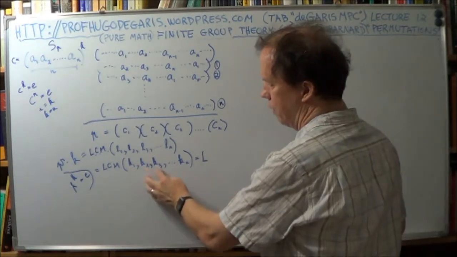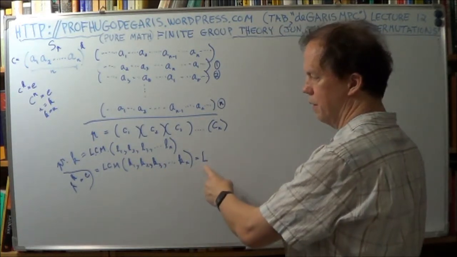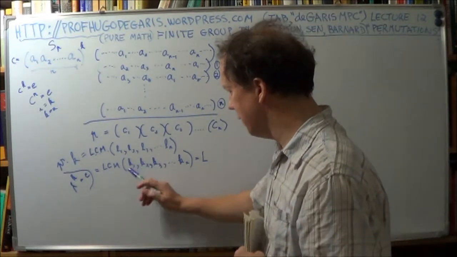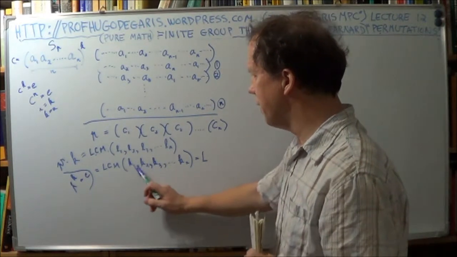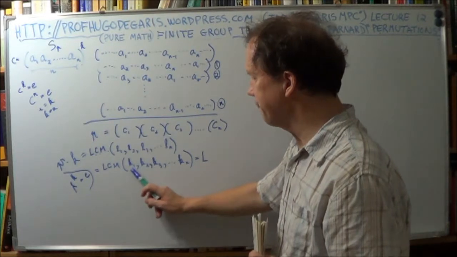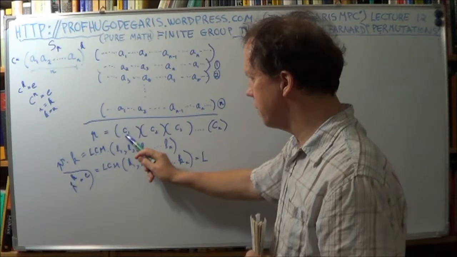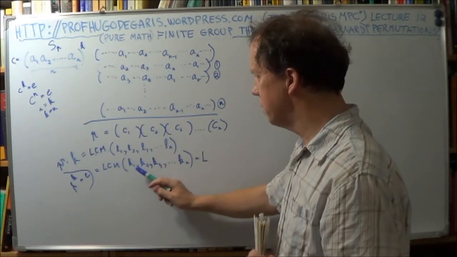So if they all divide into this, then these K's are the orders of these cycles.